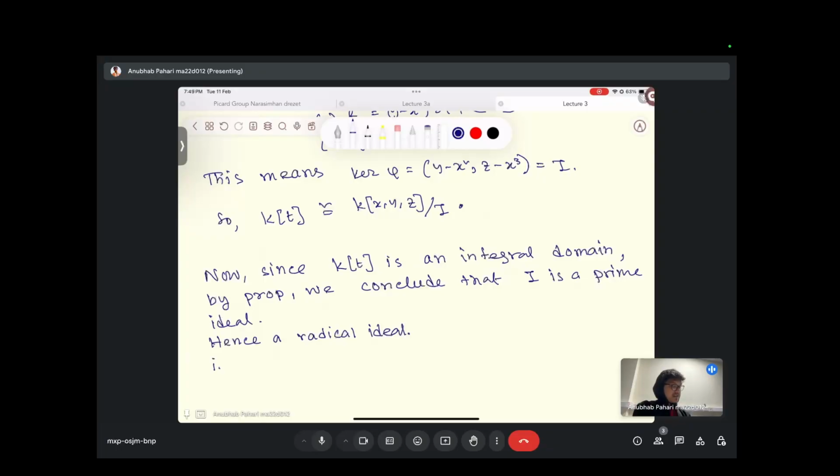So that means X equals V(I) implies I equals I(X).